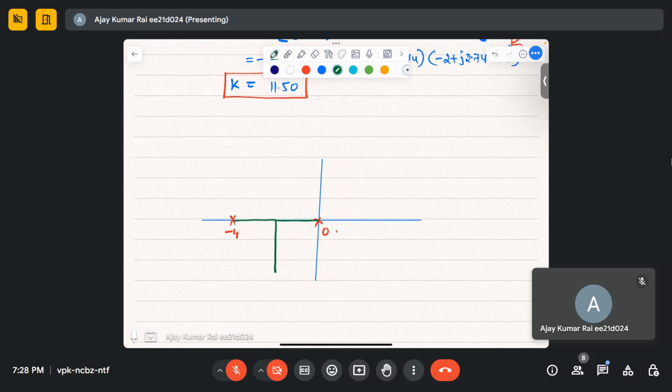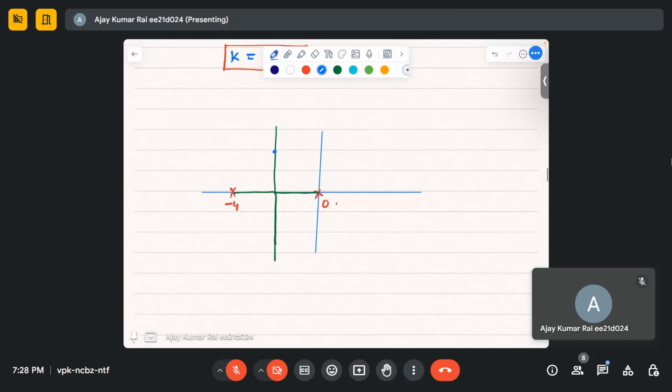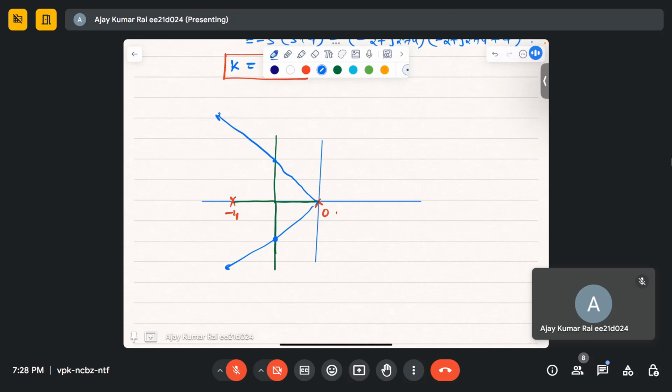This is the root locus and we have identified these two points.